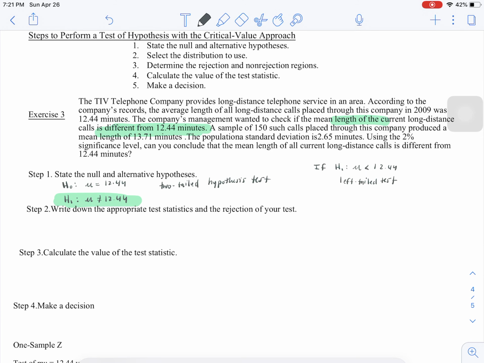It's a less than sign, so it's a left-tailed test. Similarly, if the alternative were that the mean were greater than 12.44, this is pointing right, so this is a right-tailed test. So that's just a review of how we determine what kind of tailed test we have.